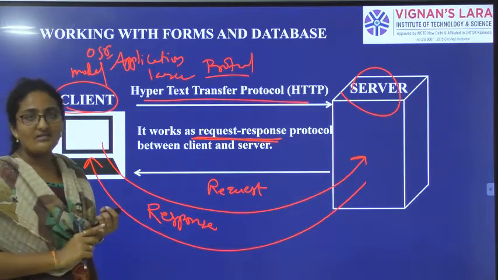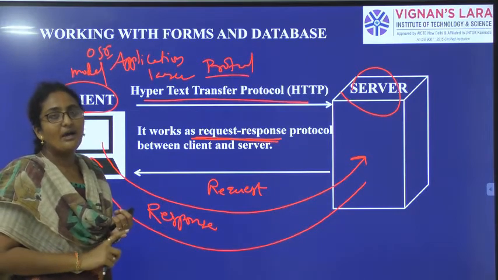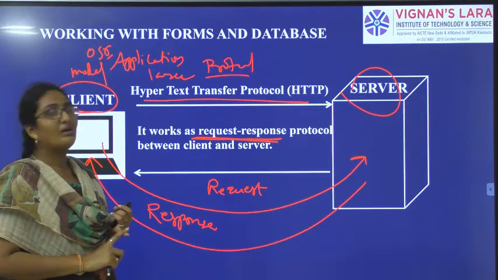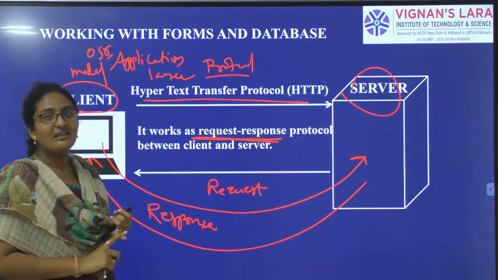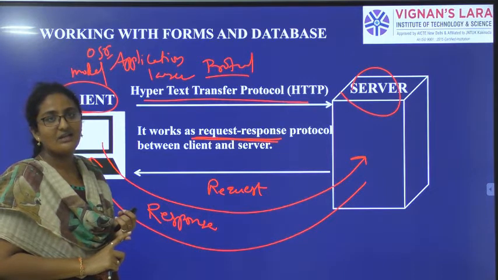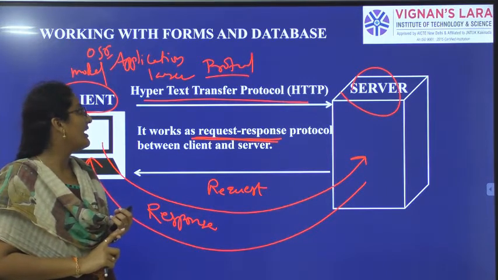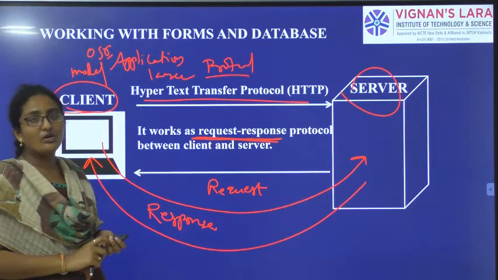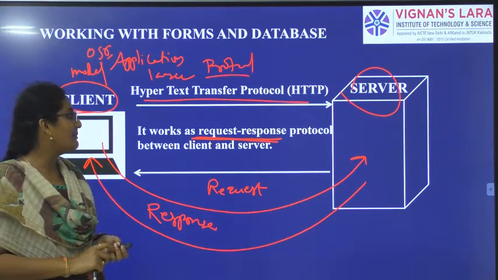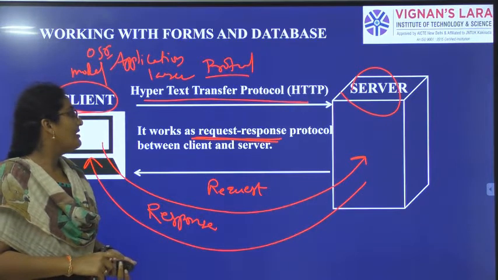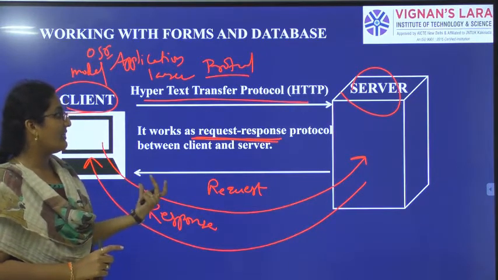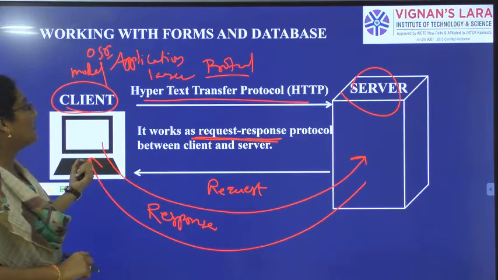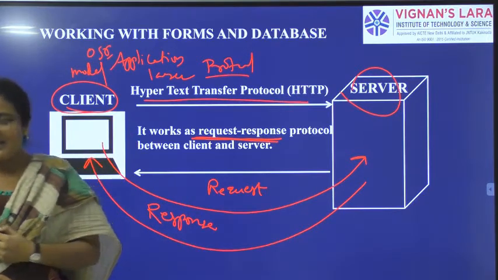We have the concept of computer networks, and in computer networks we have the concept of OSI model. In the OSI model we have different layers, and in those layers we have the application layer. In the application layer we have HTTP, hypertext transfer protocol, which is used for the communication between client and server. So the request and response between client and server happens with the help of hypertext transfer protocol, which is part of the application layer.